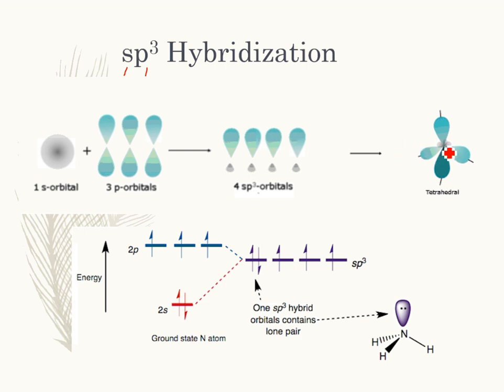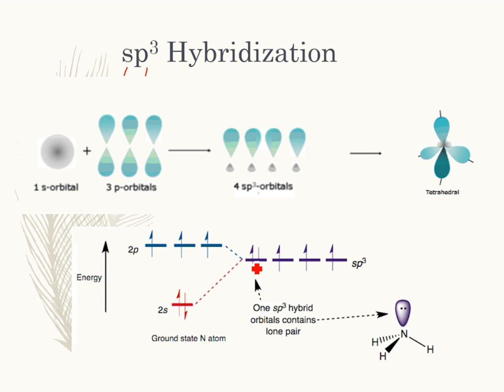Let's let these 4 orbitals form around carbon, and keep in mind we still have a core orbital there of the 1s shell, and this is going to be the second energy level for equal energy orbitals called sp3 orbitals. In this example, nitrogen has 2s2, 2p3.